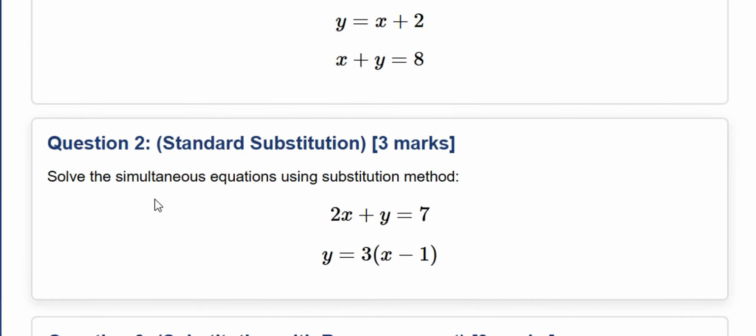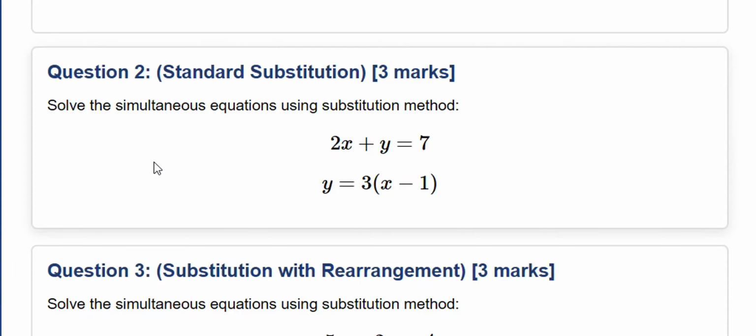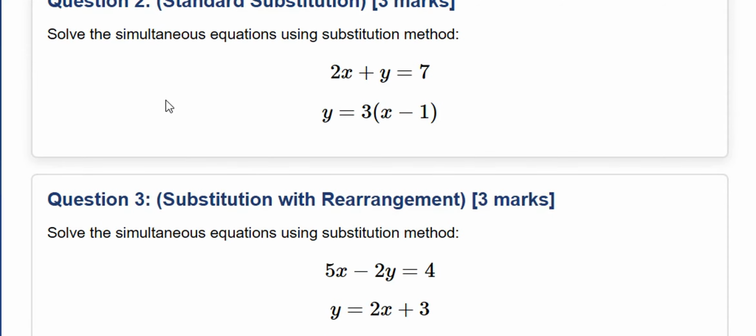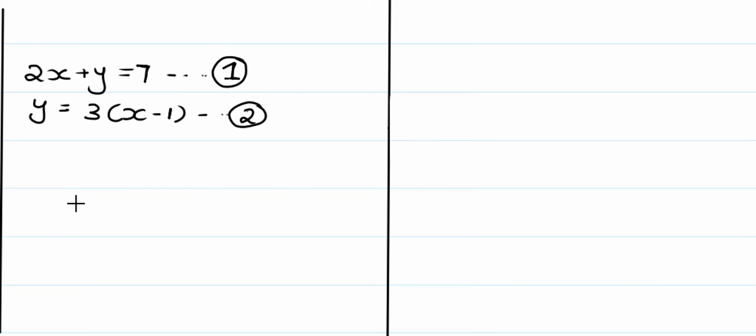Then we try a bit more advanced question, which is question 2, where we are told to solve the simultaneous equations using the substitution method. The first thing in this question, we need to open the brackets in the second equation. Now it will be y = 3 multiplied by x, which is 3x, then minus 3 multiplied by negative 1, which is negative 3.